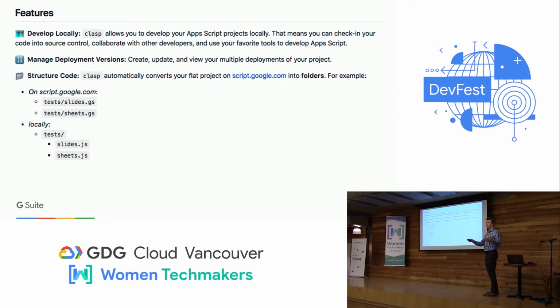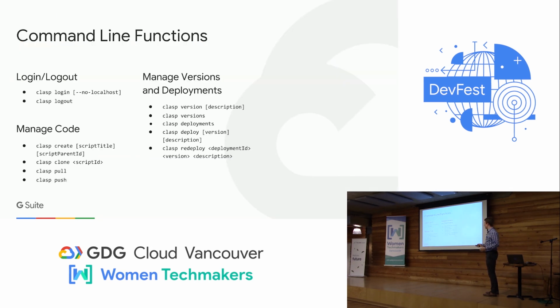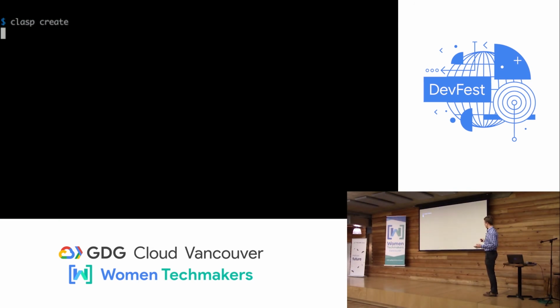So let's say you want to use Visual Studio Code or your terminal, you can do that. You can manage your deployments of your various add-ons. You can structure your code. You can do all these different functions of creating new projects, pushing and pulling, just like Git, managing versions, et cetera.